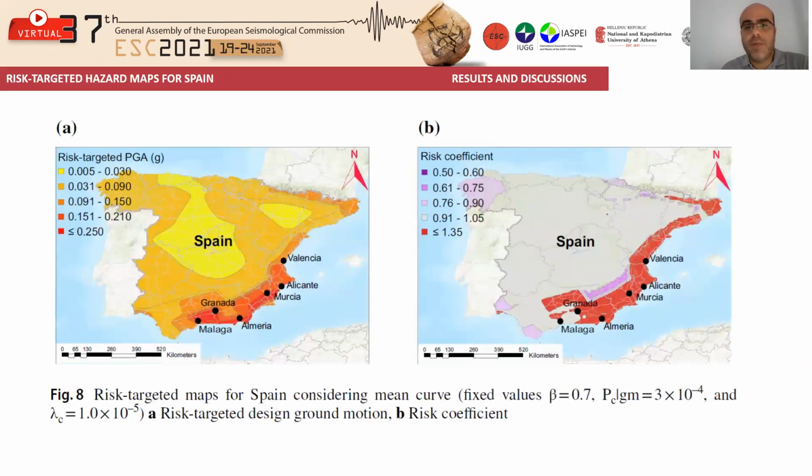In the next step, as mentioned before, assuming average values of beta and probability of collapse for a given ground motion, and then considering the building and site-specific fragility curves for each of the 5,249 sites, the risk-targeted ground motion maps are presented. In this slide, we can see the distribution of risk-targeted design ground motions and the distribution of risk coefficients for peninsular Spain.